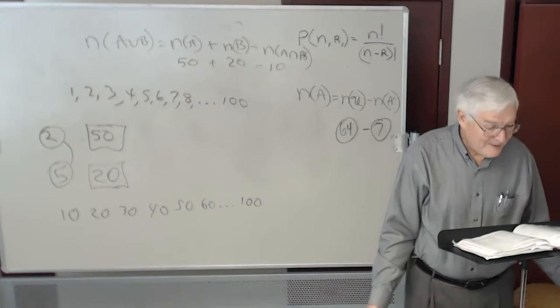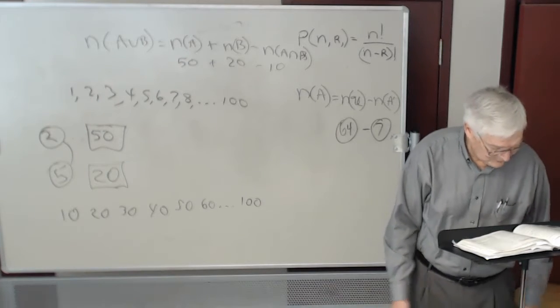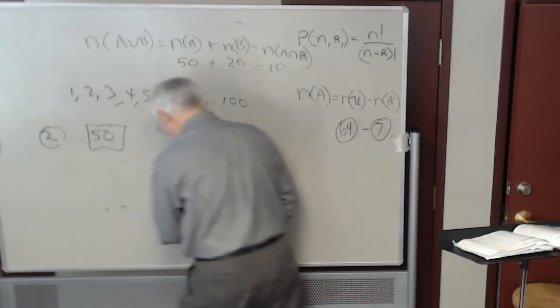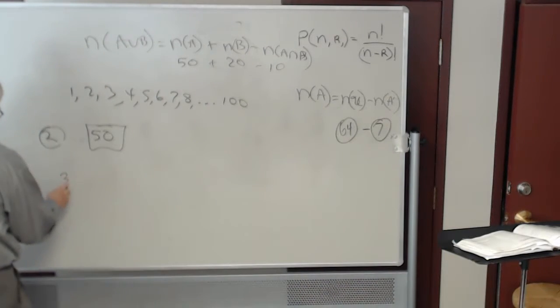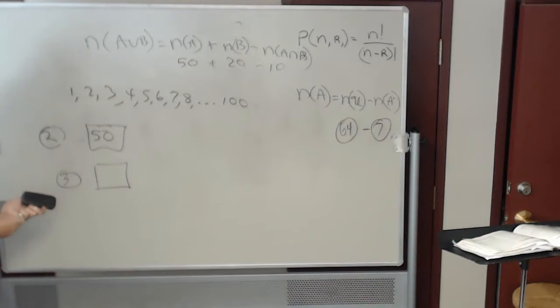Number 40. How many of the first 100 natural numbers are multiples of 2? We already have that, 50. Then what's the next thing say? Or multiples of 3. What would that be? 33.